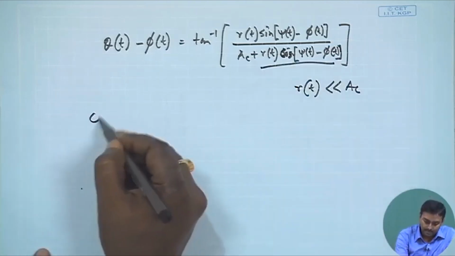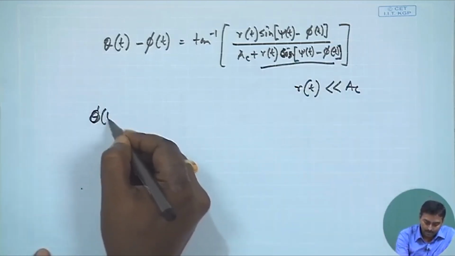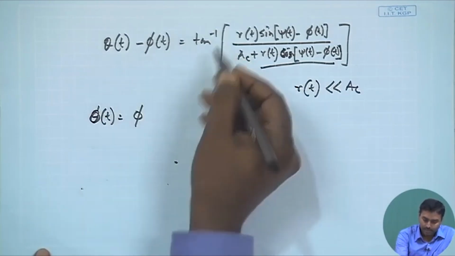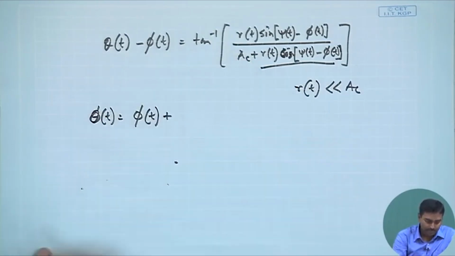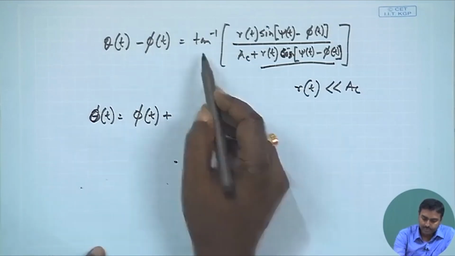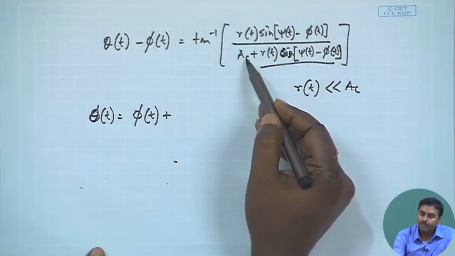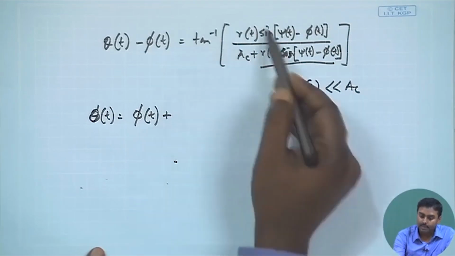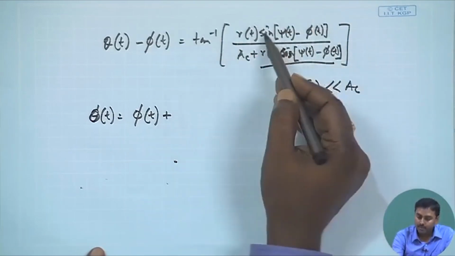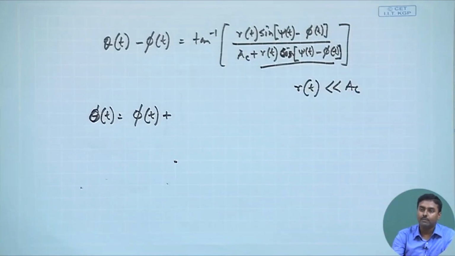So, I can write that theta t is equal to, I can take this phi t on this side, plus I can have this tan inverse of this divided by AC. Again it is RT by AC. So, I can again neglect because that angle will be smaller, because sine can only get up to +1.